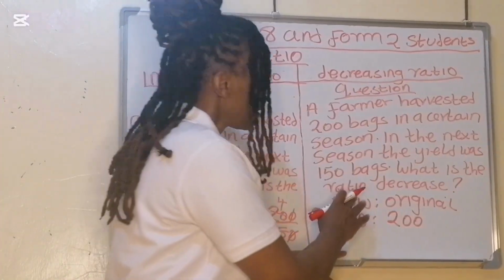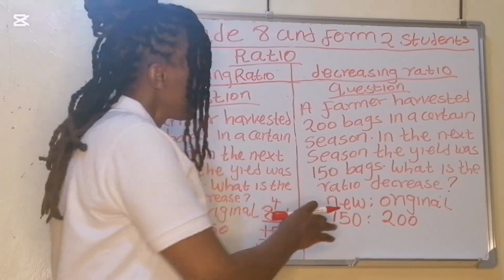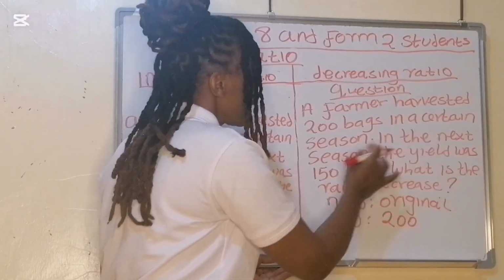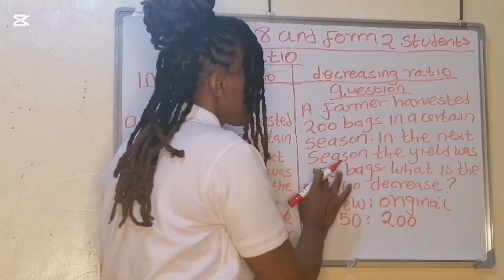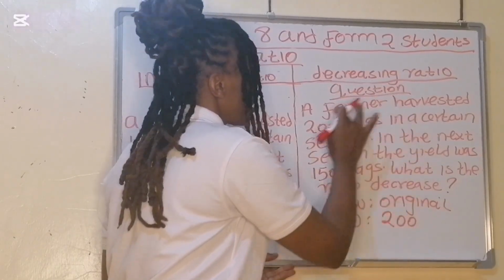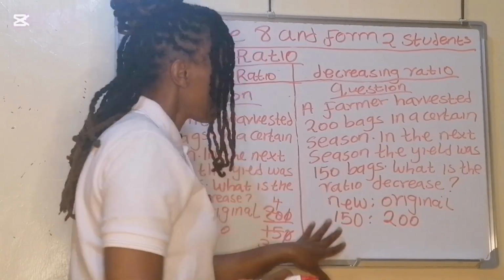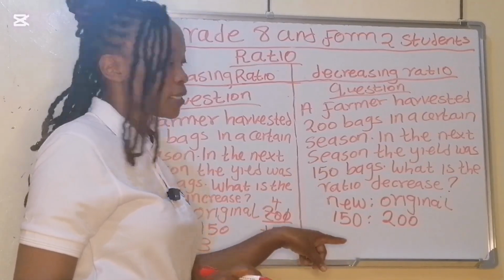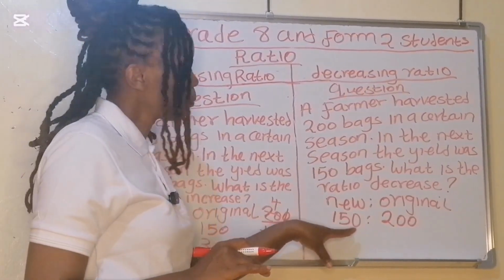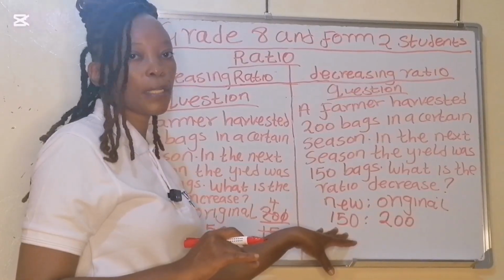So in this case of decreasing ratio, we can see in the next season the yield was 150 bags. It is 150 new, then the original is 200. So 150 is to 200. That is our ratio. But I want you to help me simplify this.